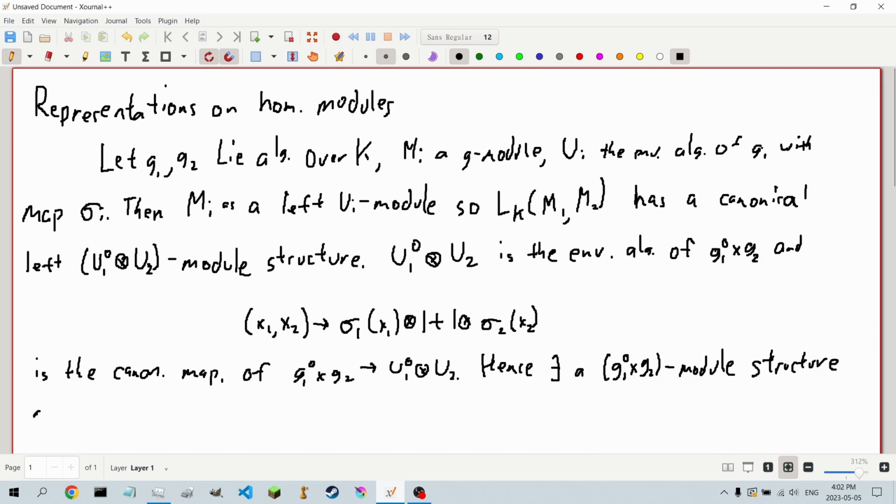And we can get this new structure on what we're going to call M, which is going to be our L_K from M1 to M2 as a module.